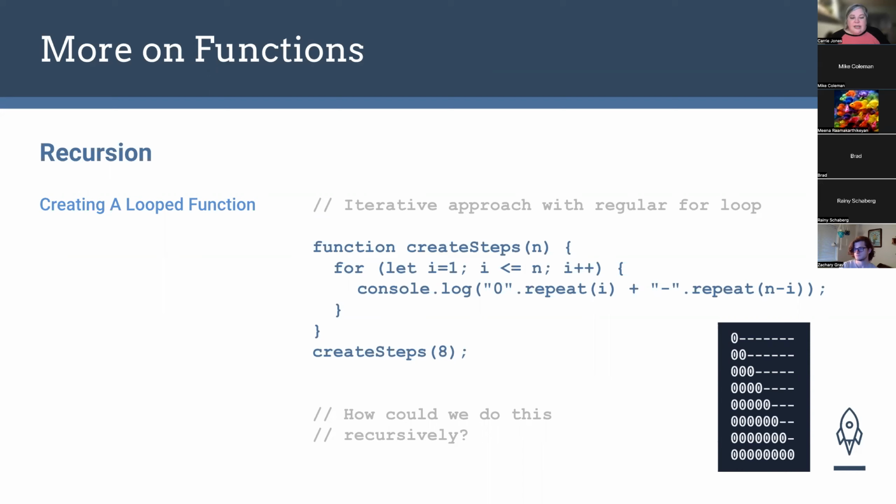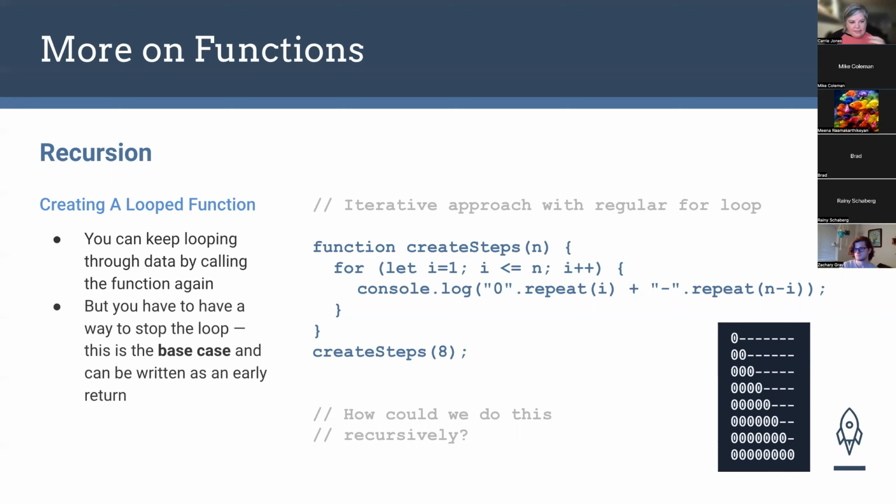Recursion is the idea of having a function that loops on itself, essentially. You keep looping through data by calling the function again from inside itself. But you have to have a way to stop the loop. We call that the base case, and it can be written as an early return. This will make sense in a minute. It's often a very efficient way of solving a problem when you're working with a large set of data.